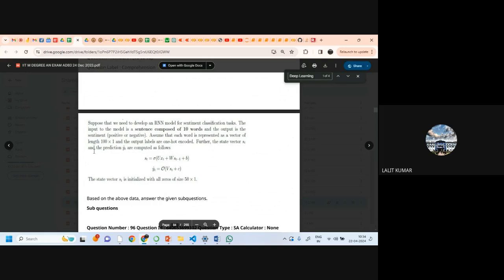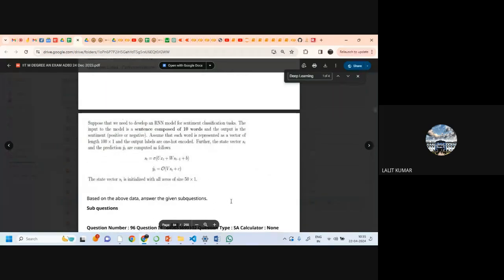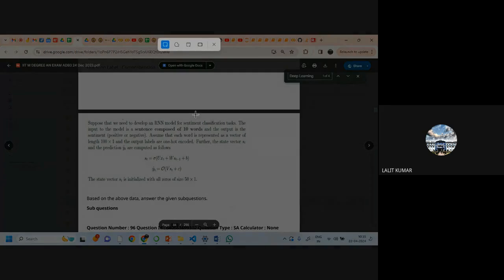Further, the state vector st and the prediction y at t are computed using tanh and softmax. The state vector st is initialized with all zeros of size 50 x 1. Based on the above data, answer the given sub-questions. How many parameters, including biases, are there in the network? So we'll attempt this.